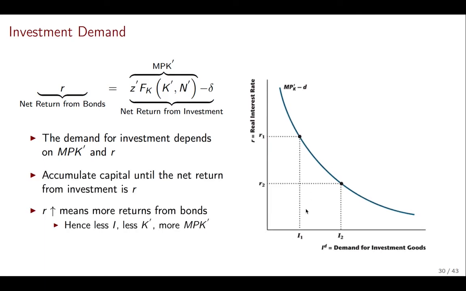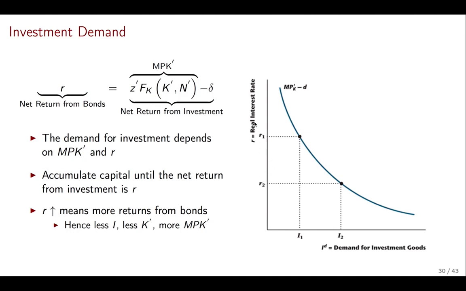You accumulate capital until the net return of investment is R. Now, if R goes up, that means that returns from bonds are higher. Hence, you want to trade off less investment in the firm, less capital, and more bonds. And that's going to imply higher marginal productivity of capital. That's what's happening here.